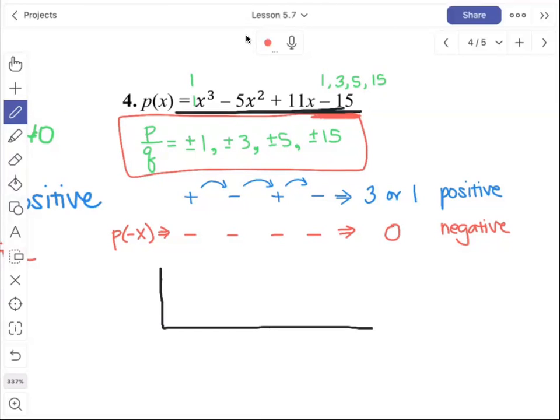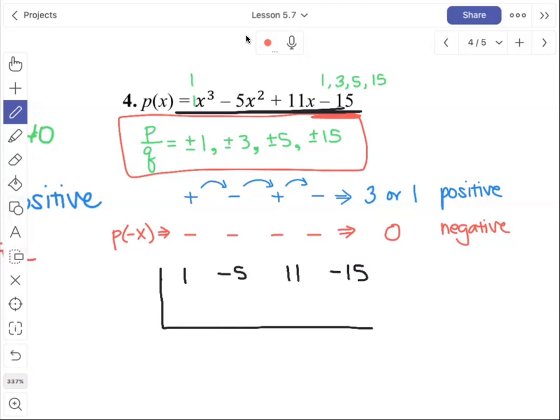So what's the coefficient of x cubed? Like what's the number in front of x cubed? 1. Okay, good. Now what's the number in front of x squared? -5, and then 11 and then -15. Perfect, you got it.